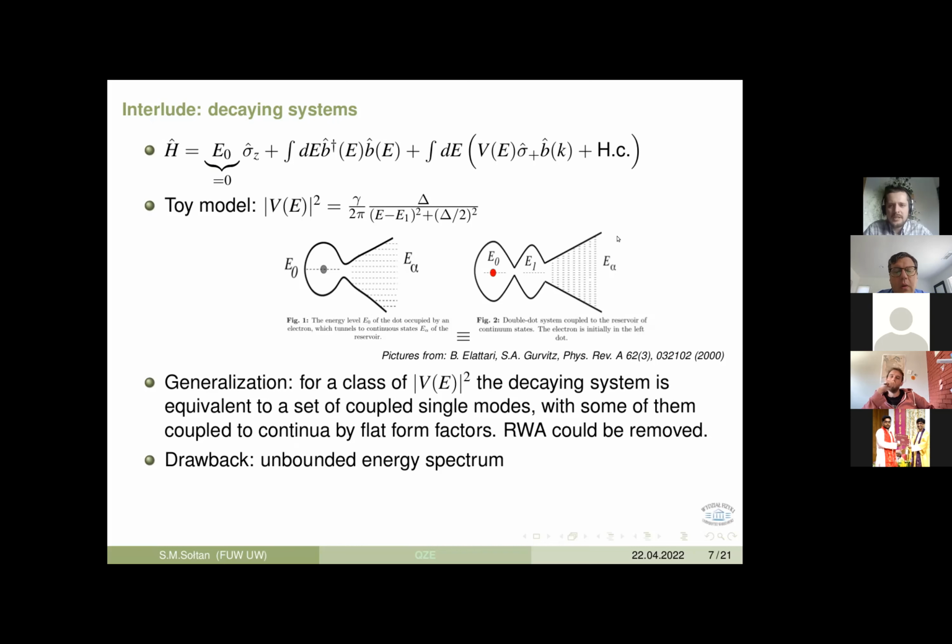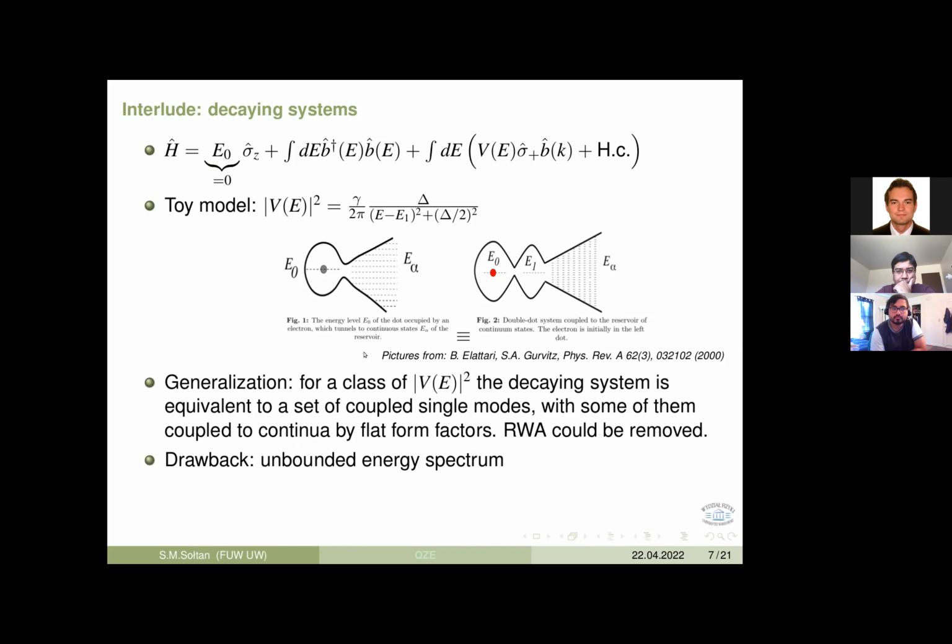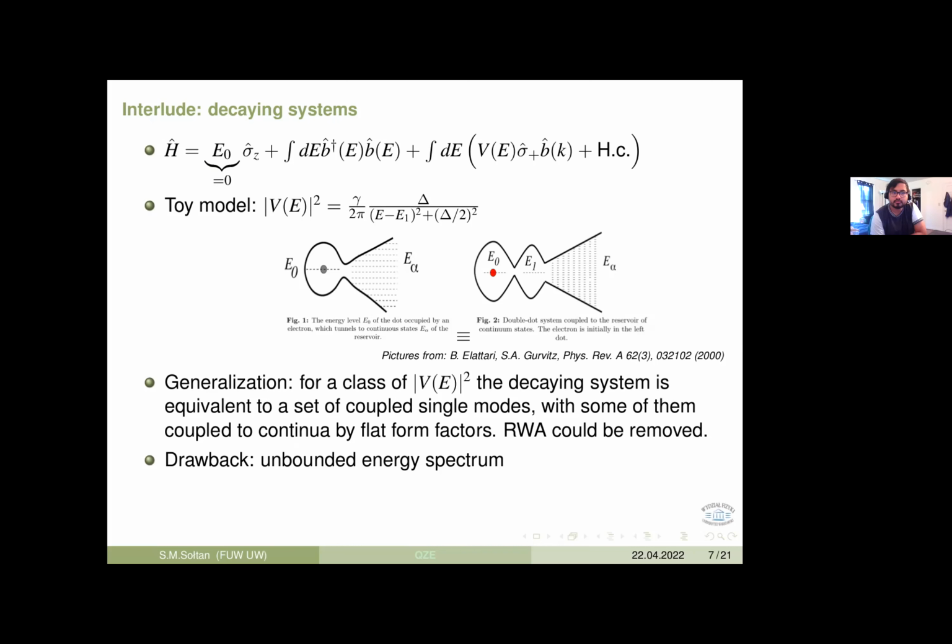And it seems that at some stage of approximations, instead of the initial system, I mathematically have a description that involves several single modes, some of them decaying to different continua and so forth.